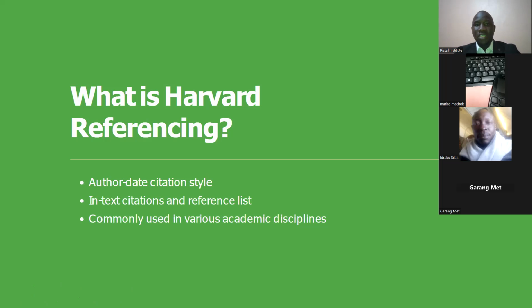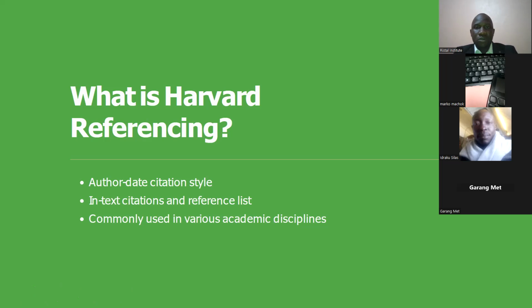So we can call it the author and date citation style. So we have two aspects with this kind of referencing. You can reference in text, what we call in-text citation. So within the body of the work that you're writing, you put the reference there. That is what you call in-text citation.